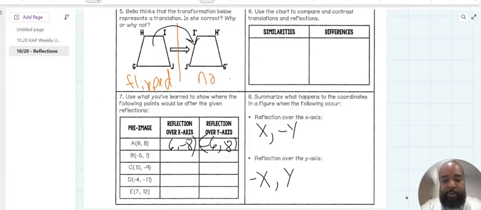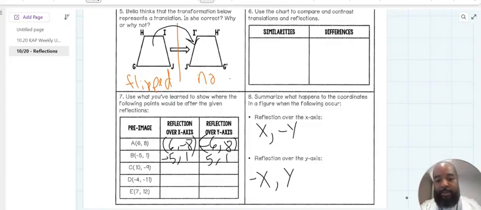You don't have to do the ordered pair brackets, but that is something that's good practice. Okay? Then if I'm looking at B, reflect over the x-axis, negative 5 stays the same, negative 5, and then 1. Then on the other one, it would be the opposite of negative 5, which would be positive 5, and y stays the same, which would be 1.